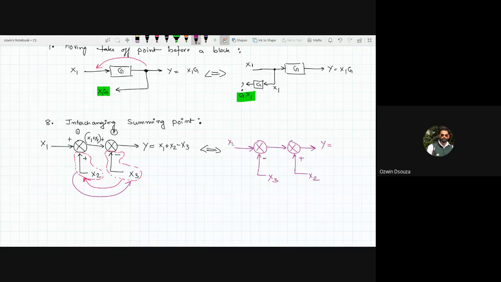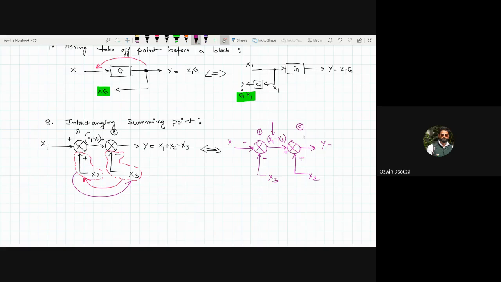And over here you have x1. So the output of the first summer is x1 minus x3. Then x1 minus x3 is given as input to the second summer along with x2.